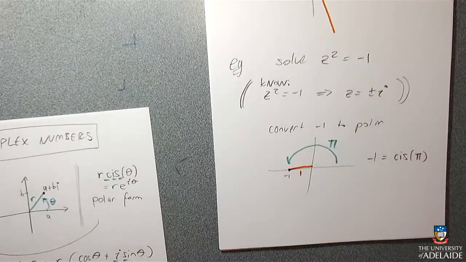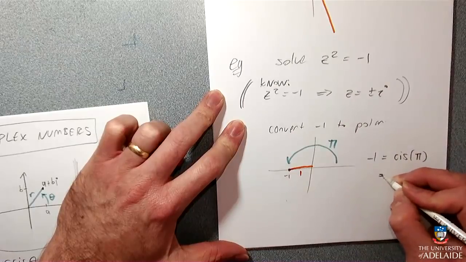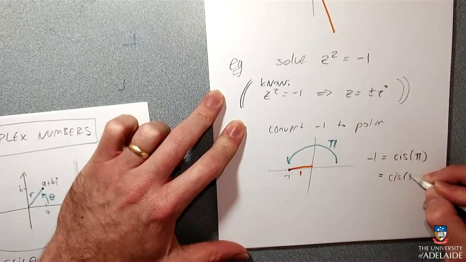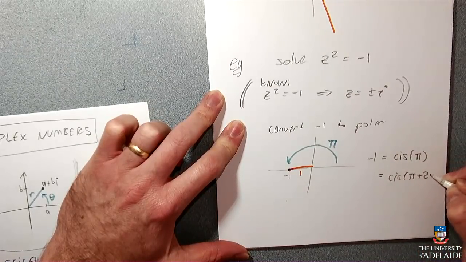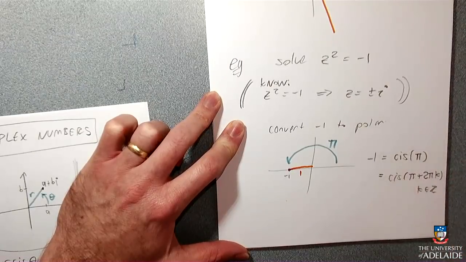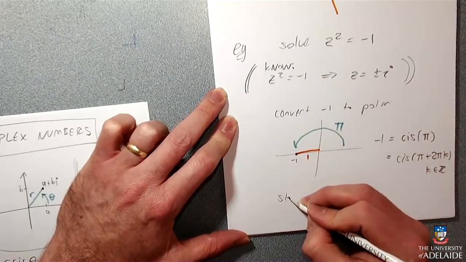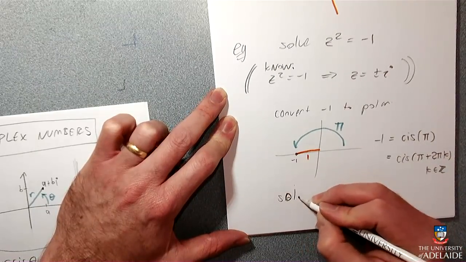Beautiful. So we get, which is the same as cis of pi plus multiples of 2 pi, right? Beautiful. And so we need to solve, I always put the L straight after the S, I don't know why.